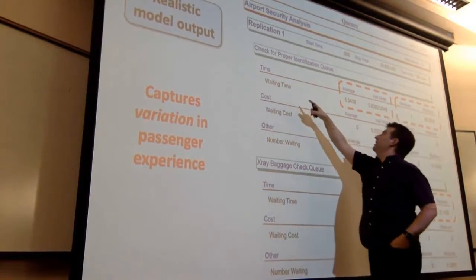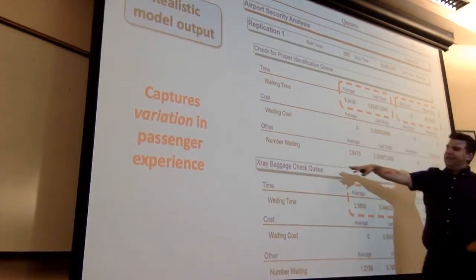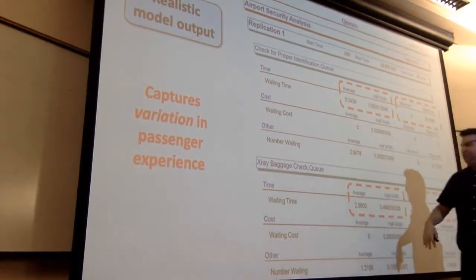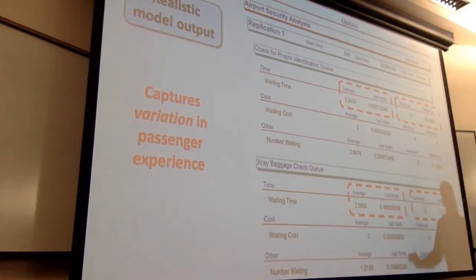How long do they wait before their ID is checked? When they finally go through to the x-ray, the baggage check, how long do they wait? And notice there are confidence intervals here. So it's not just an average. It actually shows me a range of times with maxes and mins that they can be waiting. So it really does start looking like a real system that we can do real experiments with.